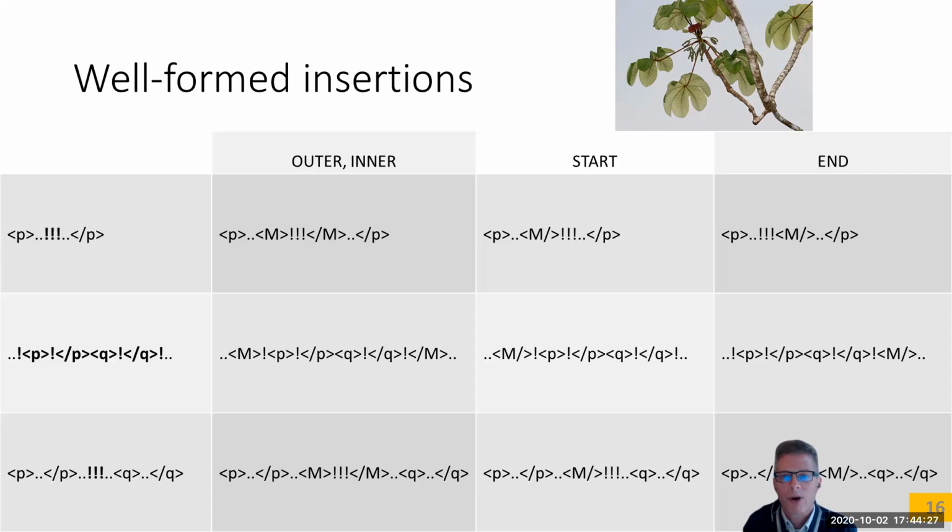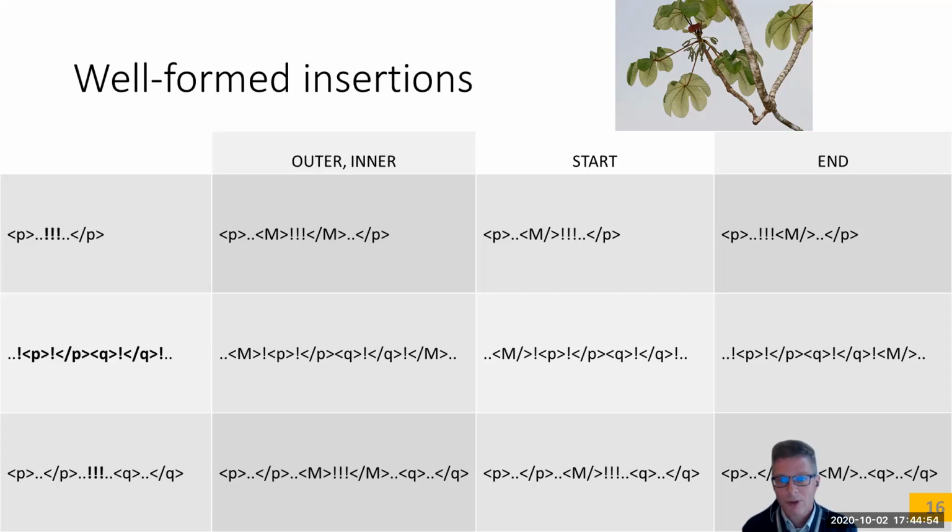So in the top row of well-formed insertions, the three, in this case, exclamation marks are contained within P, and we just put the M element around the three exclamation marks. The start and the end strategies just make an empty element M, and they put it before the three exclamation marks or behind the three exclamation marks.